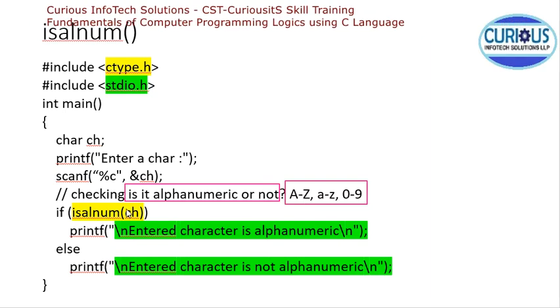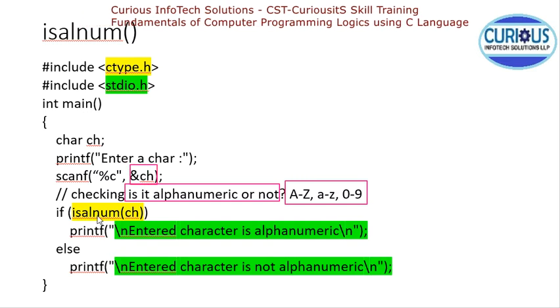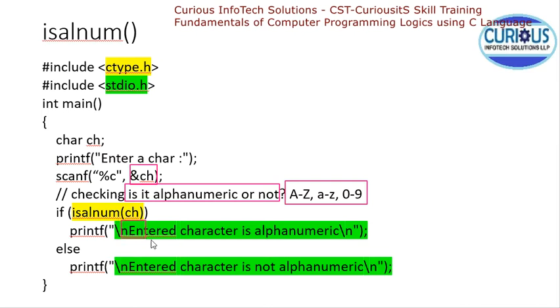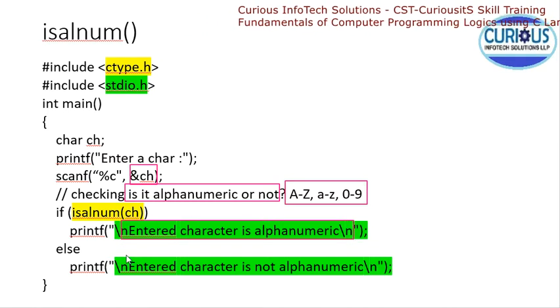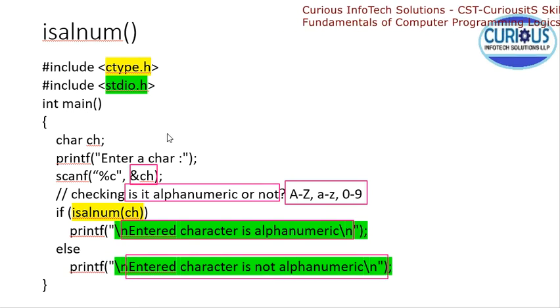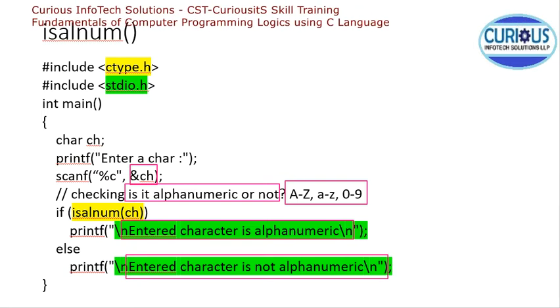So if your input, the one character CH, belongs to this, you will get the output: entered character is alphanumeric, or you will get: entered character is not alphanumeric. So likewise you can make very effective programs through the ctype.h. Okay.